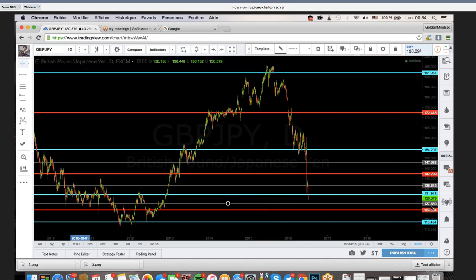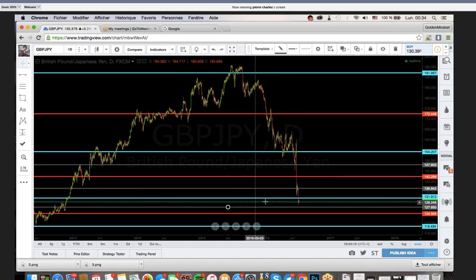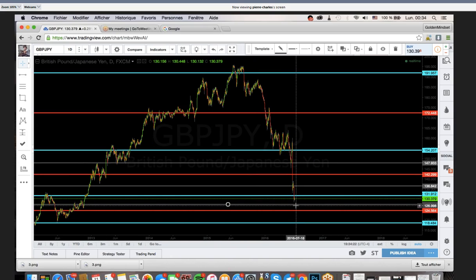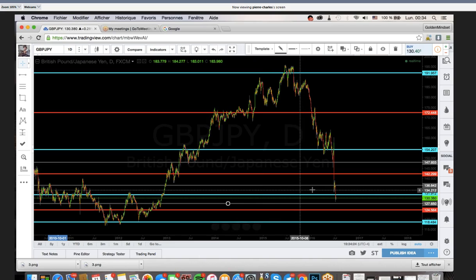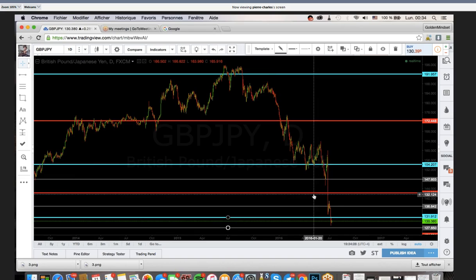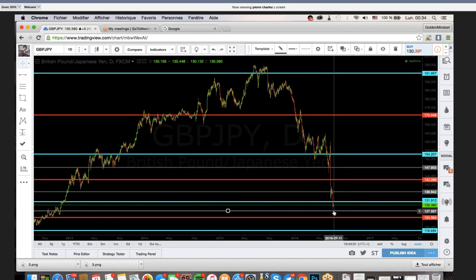Because look, at 127.650, there's a daily level. I know it's going to break it, because it just broke a weekly level. But I think it will jam at 127.